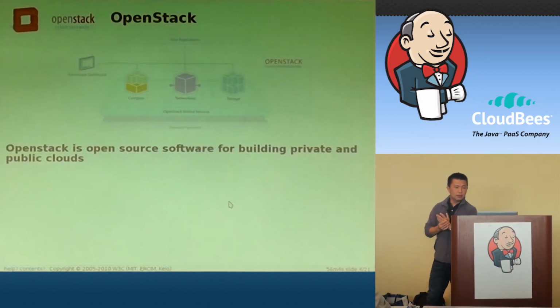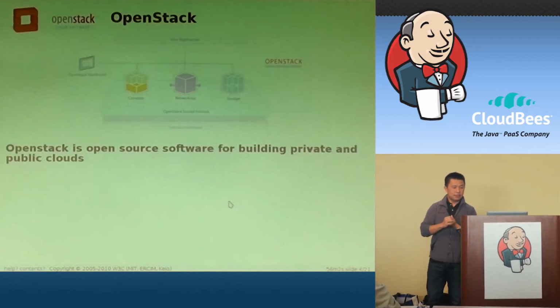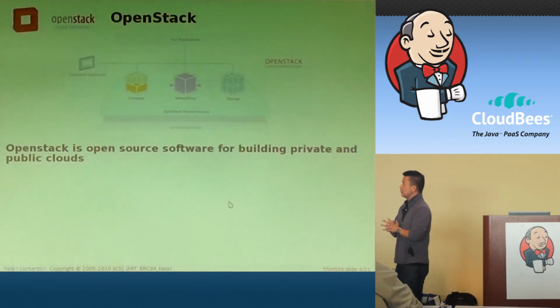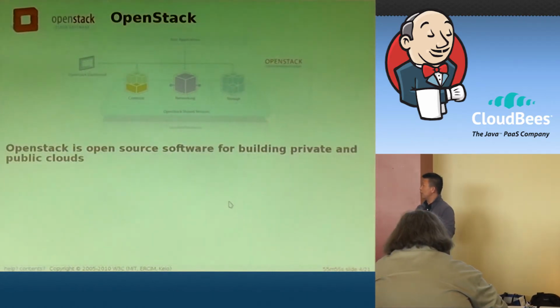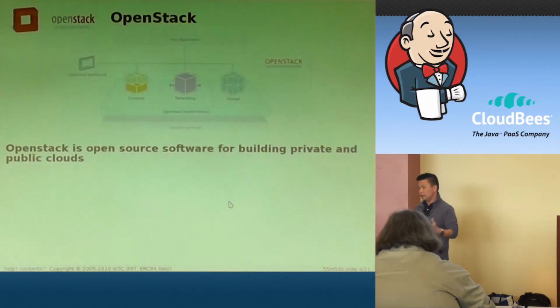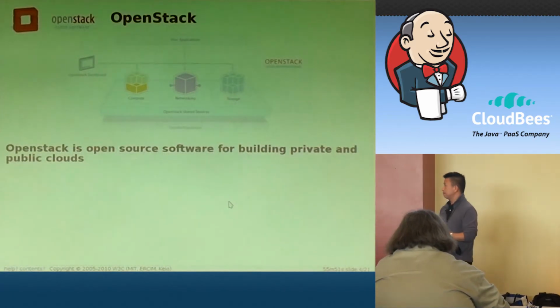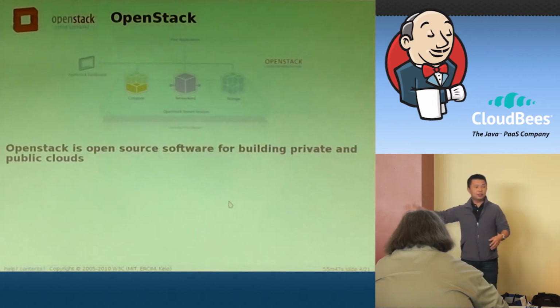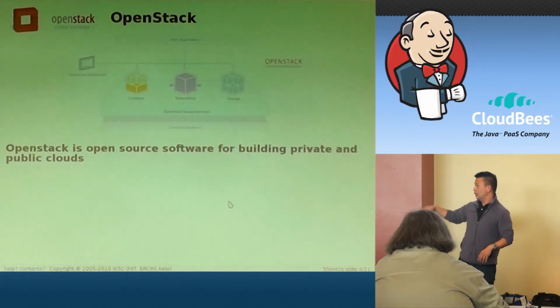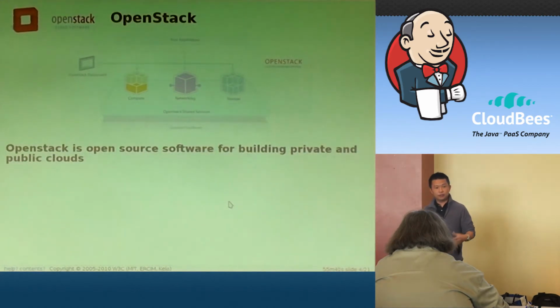So let me just give you an overview of OpenStack here. It's basically the open source software for building private and public clouds. If you had a data center and you wanted to run it like an AWS data center, you could use OpenStack because it's free. You can download it. You can even run it on your desktop if you want.